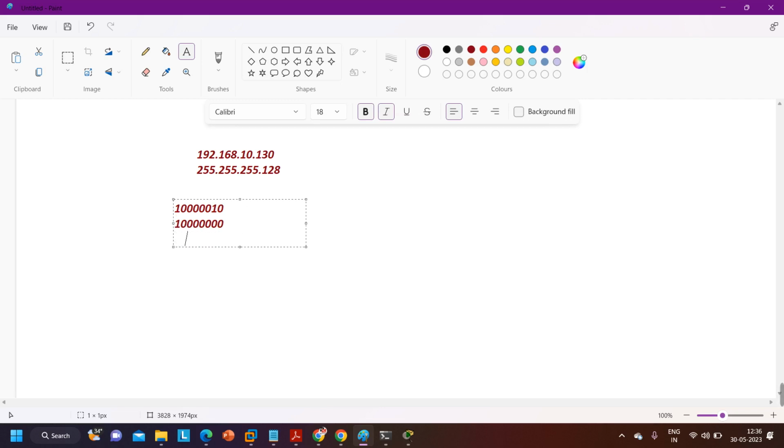Here if you perform the AND operation, what value will you get? 1, and all the rest will be 0. What decimal value will you get? 128. That means your network ID is 192.168.10.128. Getting my point?